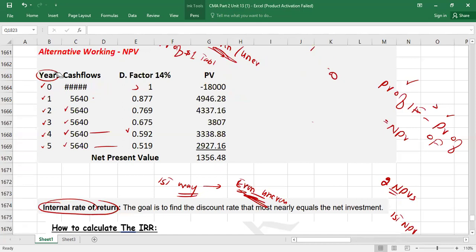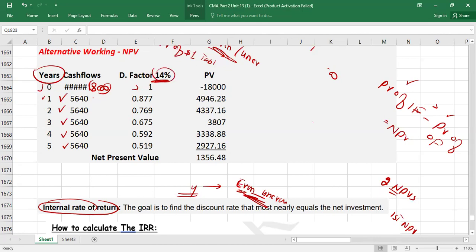To calculate the discounted payback period, first you have to calculate present values. And how will you calculate present value? We'll write years 0, 1, 2, 3, 4, 5. We'll write the cash flows, which is 18,000 in year 0, then we have 5,640 for each of the five years, and multiply by the 14% cost of capital.